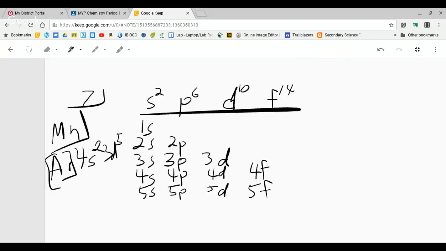Let me get the periodic table up really quick and make sure I do this right. Okay, yeah, argon's 18 electrons here. And then you got another 2, and then you got another 5. So the total for manganese is 25.